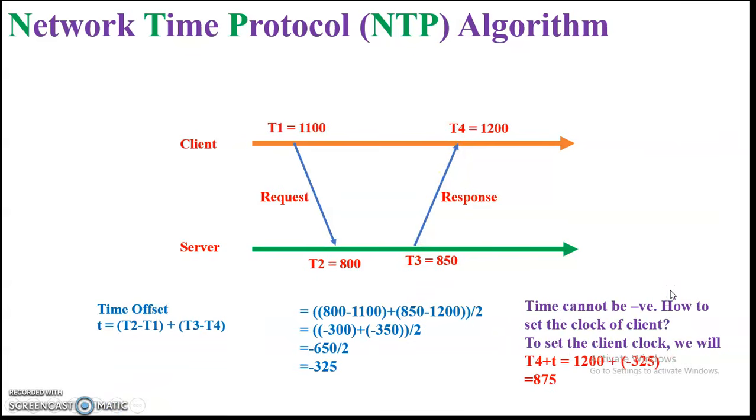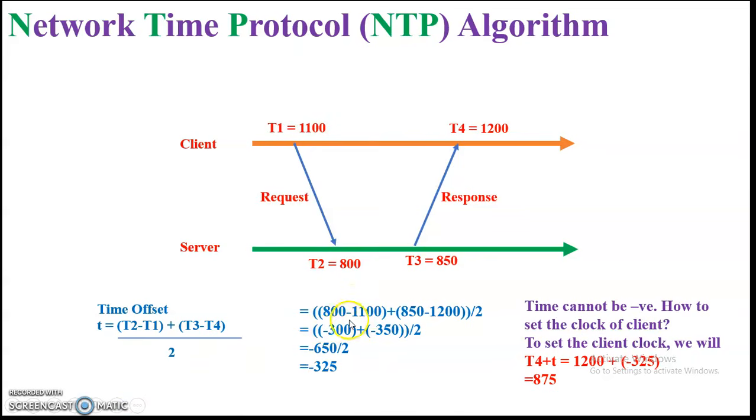Now let us solve an example. We have the values of T1 as 1100, T2 as 800, T3 as 850 and T4 as 1200. Now we want to synchronize this client as per the server's clock. So time offset is ((T2 minus T1) plus (T3 minus T4)) divided by 2.